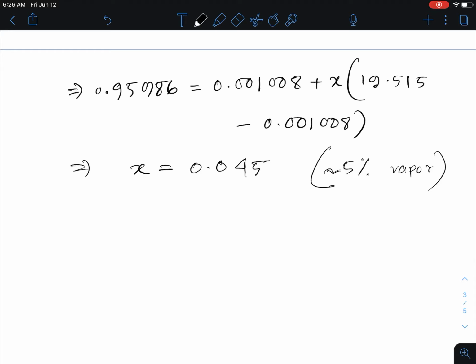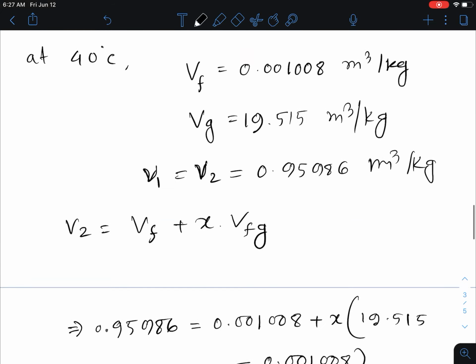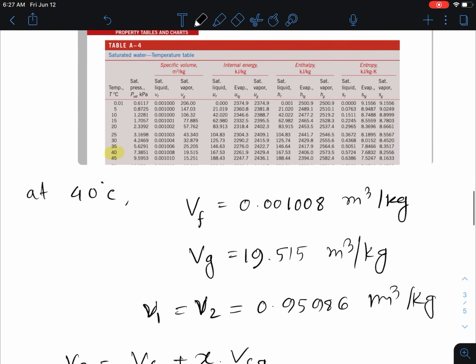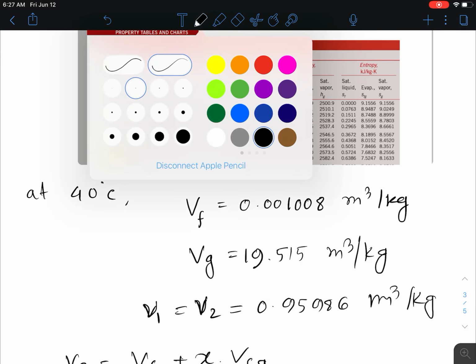So now we have the x, so using the chart we also should record at state 2 the entropy, right here.